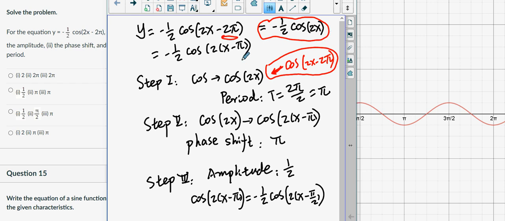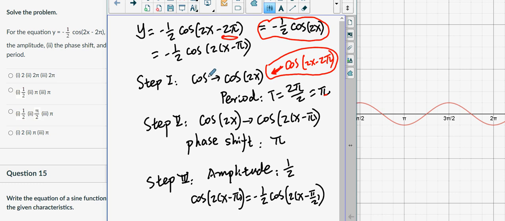Now, after we get this standard form, it will take us 3 steps. Step 1, from cosine x to cosine 2x. Let me use my mouse.